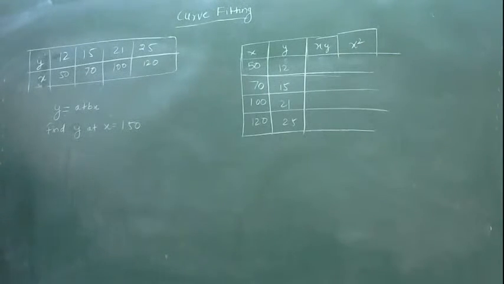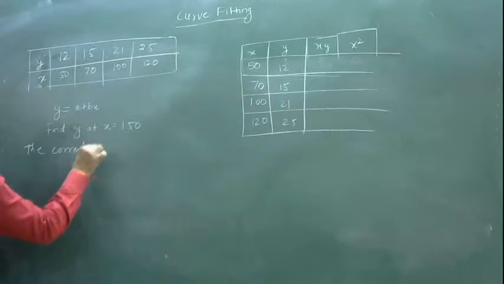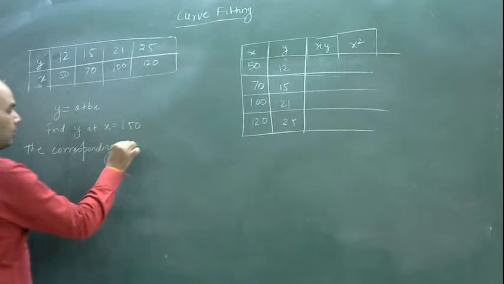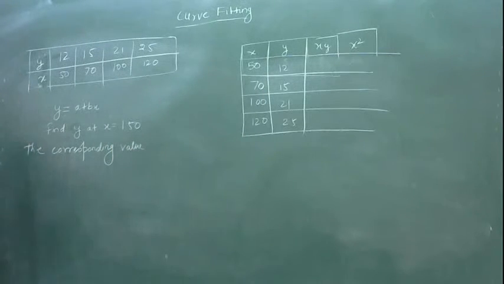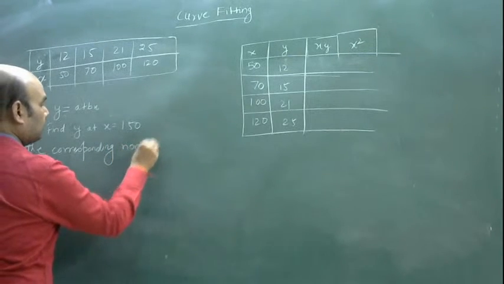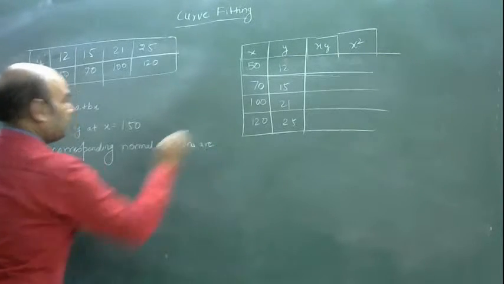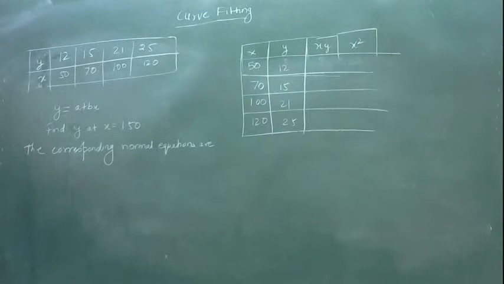So what will we do? We will form the normal equation. See the corresponding normal equations are... so anybody can tell what is the number of n here?